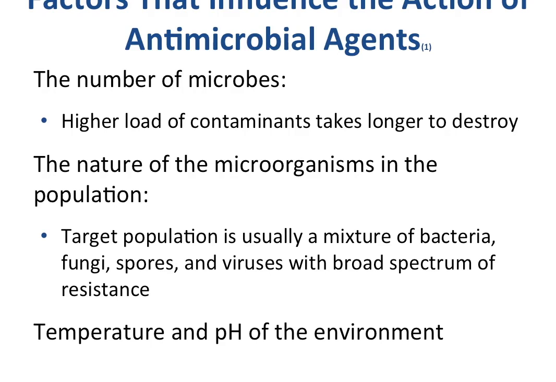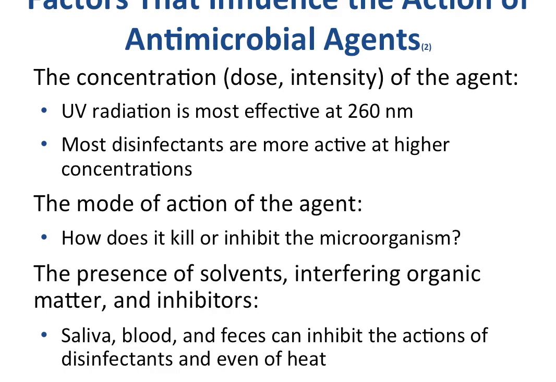Temperature and pH are also considered for the process. Concentration of the reagent, okay. UV radiation, for example, UV radiation at 260 nanometers is the most effective, so we have to choose this portion of UV radiation.